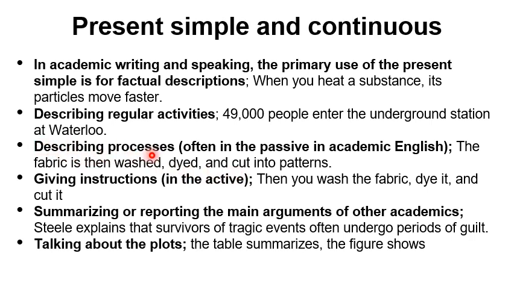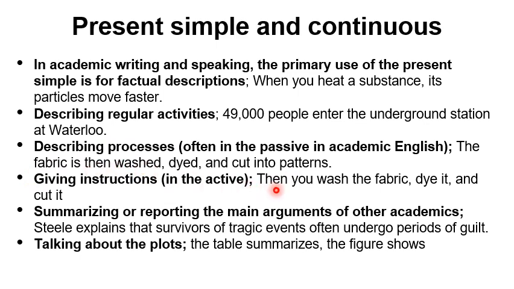When you talk about a process, you need to use the present simple and passive voice. Another usage is giving instruction. If you are an instructor and give instructions for others, let's stick with the same fabric example.